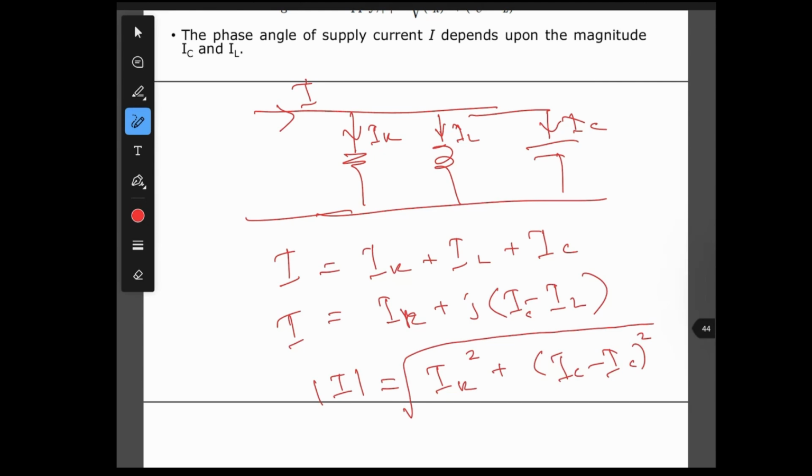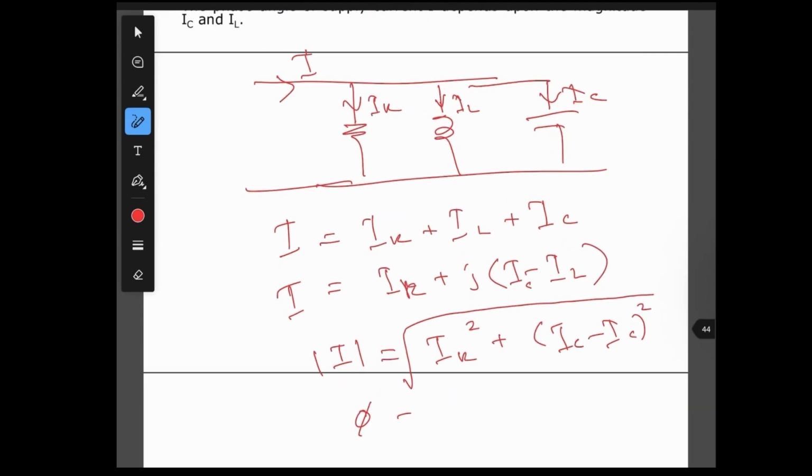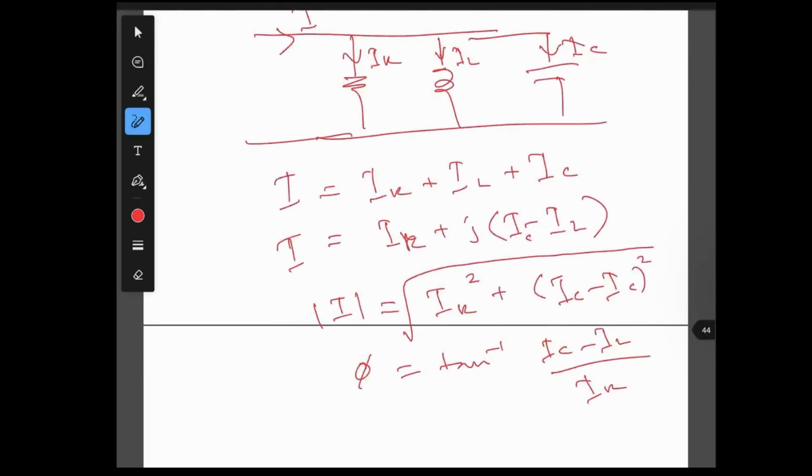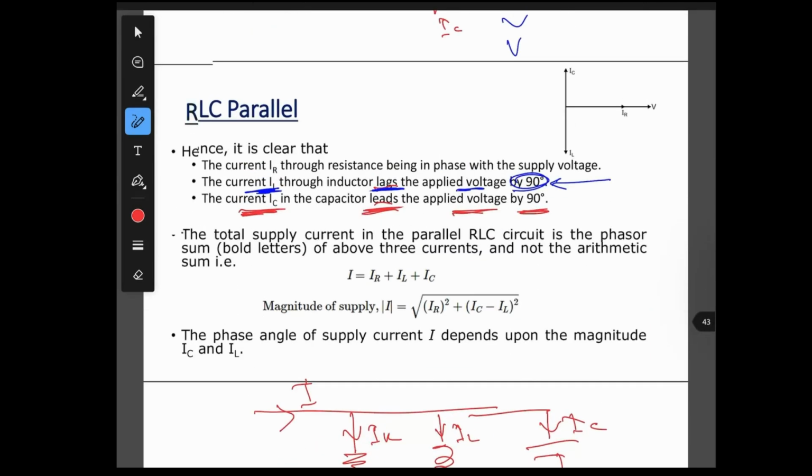This one is the magnitude, and the angle equals tangent inverse of IC minus IL over IR. This is the angle of the current.